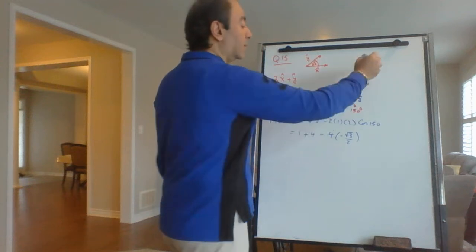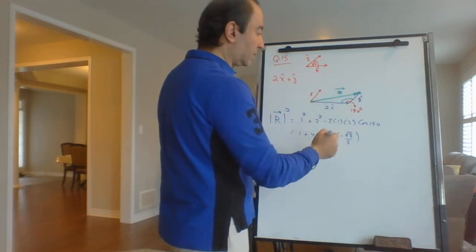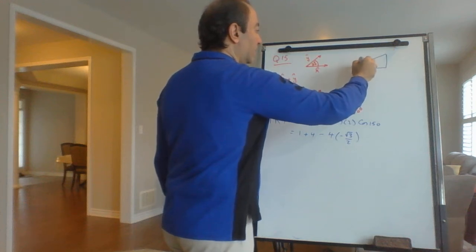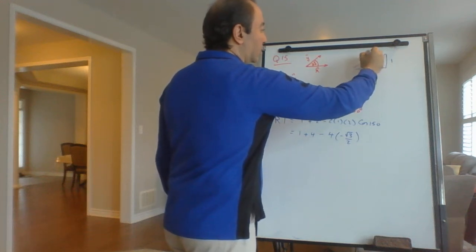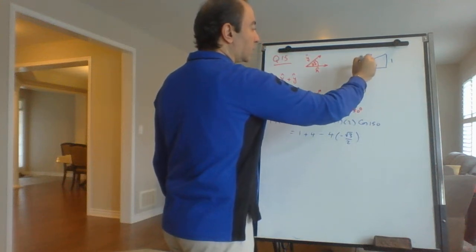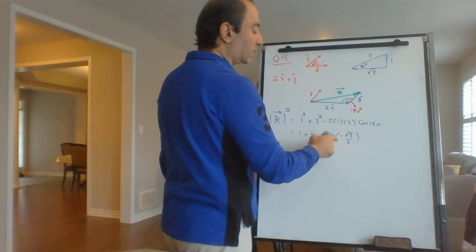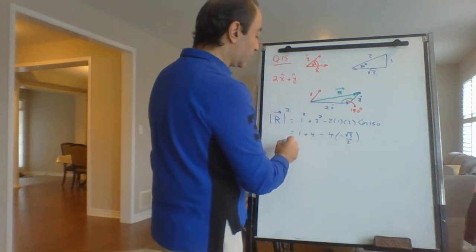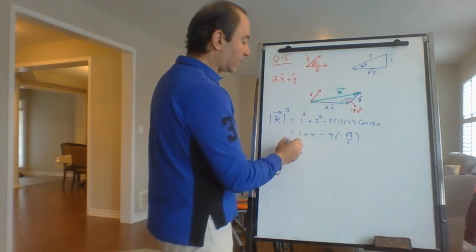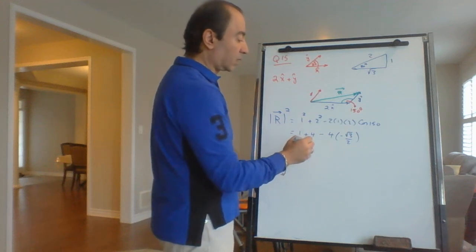Remember, use your calculator if you want, but this is a special angle, 30 degrees: 1, 2, radical 3, so this is radical 3 over 2, the cosine of this. This is in the second quadrant, so it will be negative. Okay, we did this in advanced functions, but it is not our concern now.